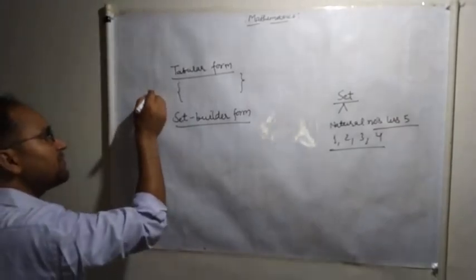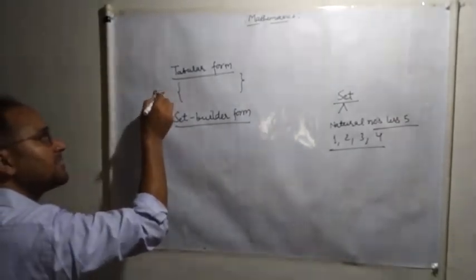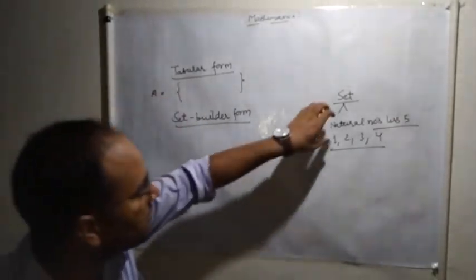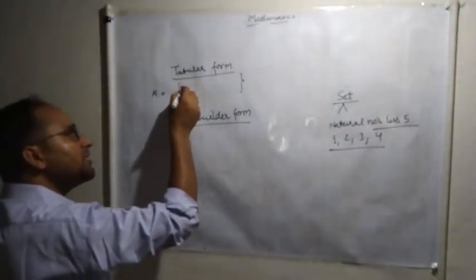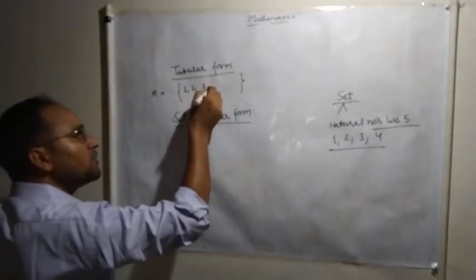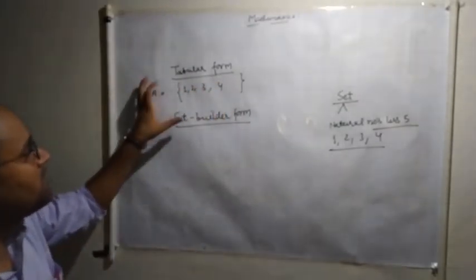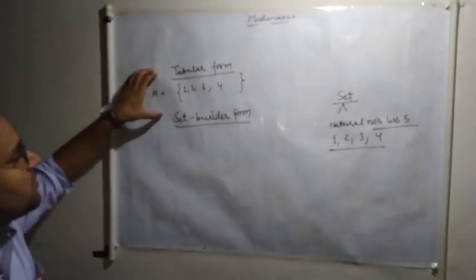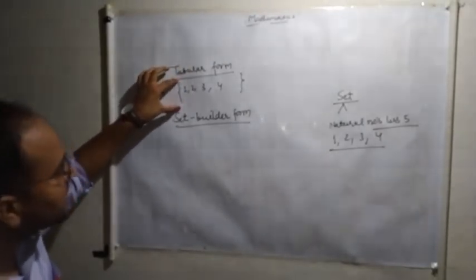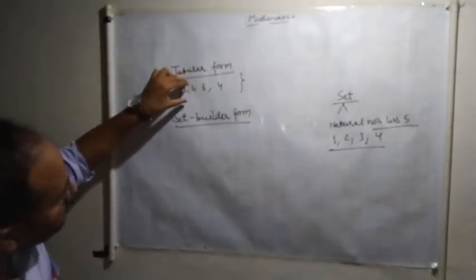Suppose I take A as a set with the same information, natural numbers less than 5. So I write 1, 2, 3 and 4.